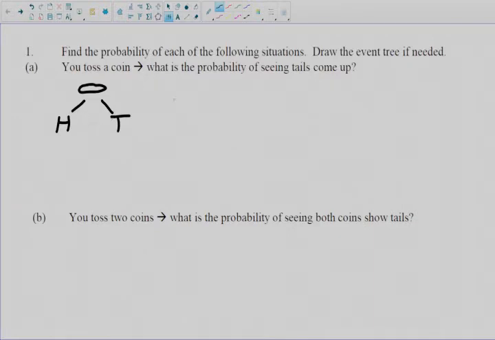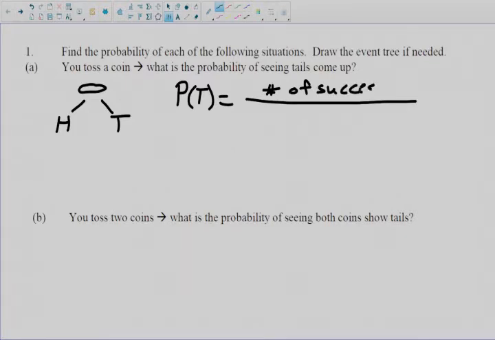Okay? So the theoretical probability of seeing tails come up from our formula the other day is equal to the number of successes over the total possible outcomes. So what are our number of successes?